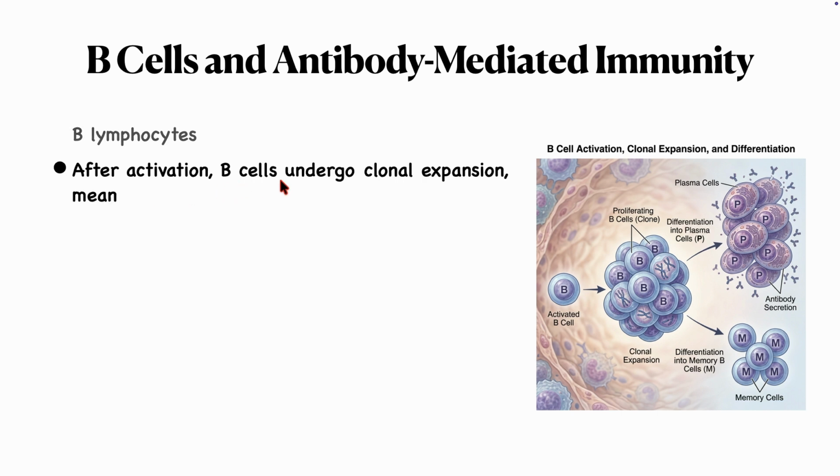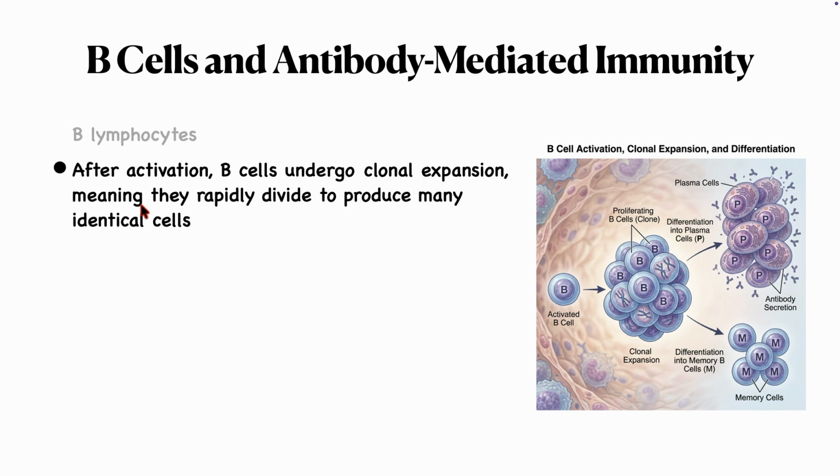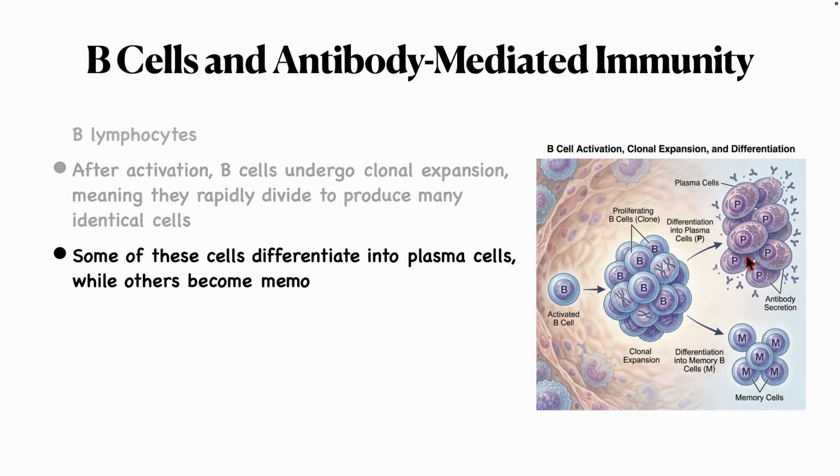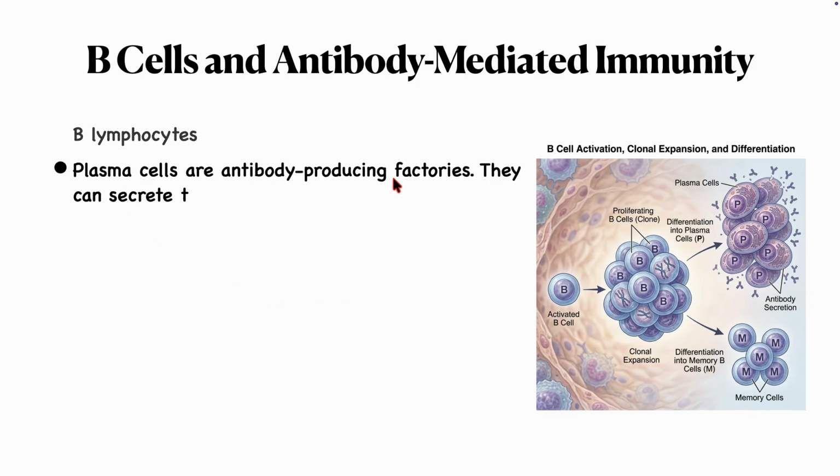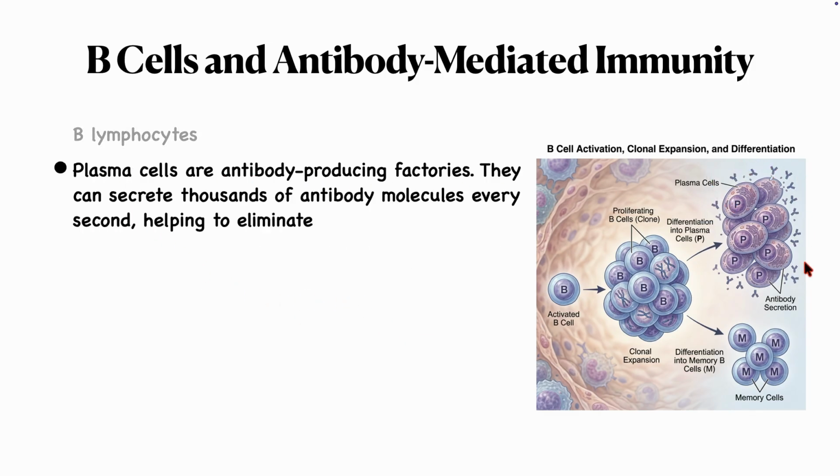After activation, B cells undergo clonal expansion, meaning they rapidly divide to produce many identical cells. Some of these cells differentiate into plasma cells, while others become memory B cells. Plasma cells are antibody-producing factories.